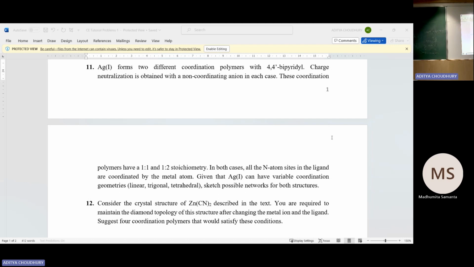Yes, tetrahedral is 1:2. Sorry, this one is 1.5. So again one BPY will be vertical, if it is half each, right? So half each, so three times half is again the same thing as the X. Yes, exactly.